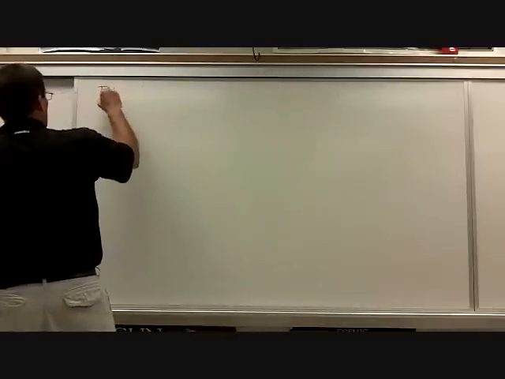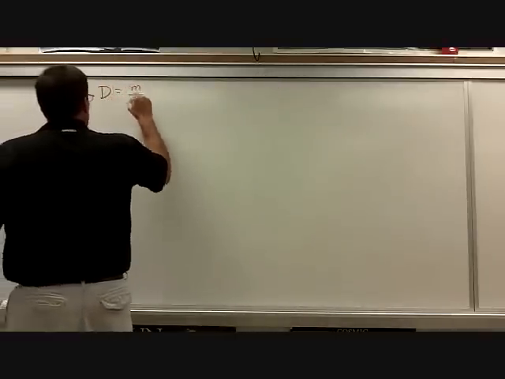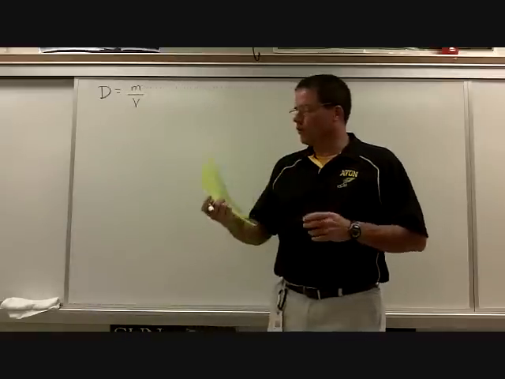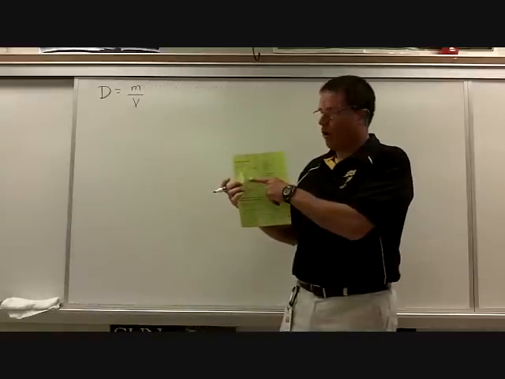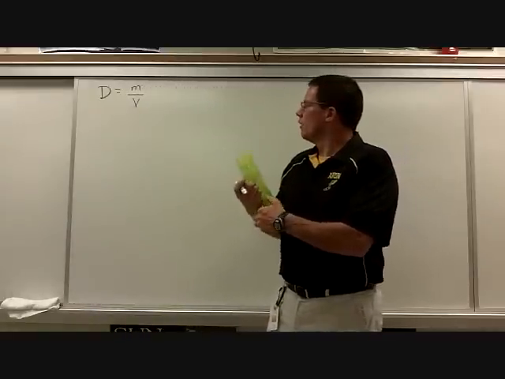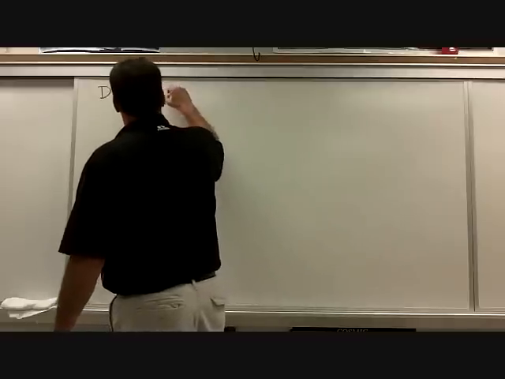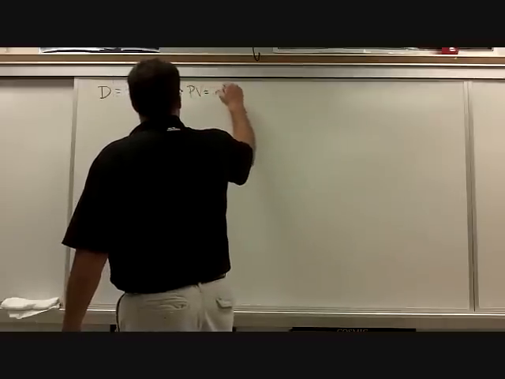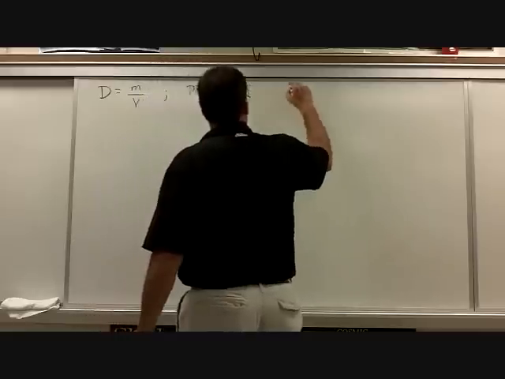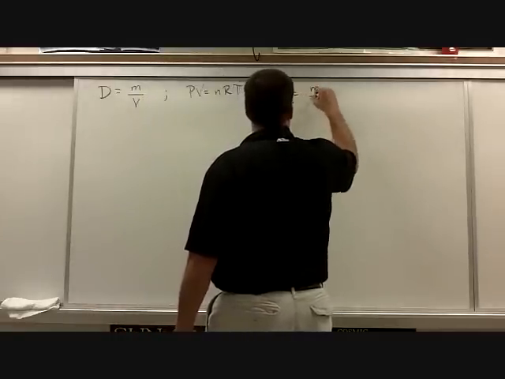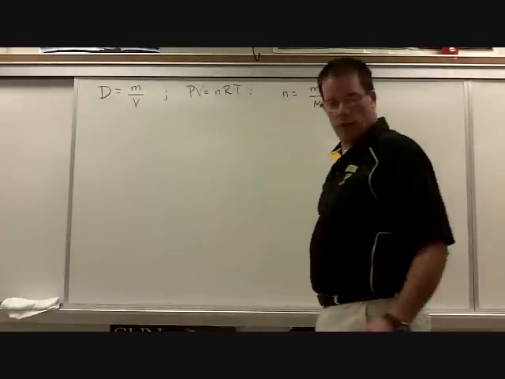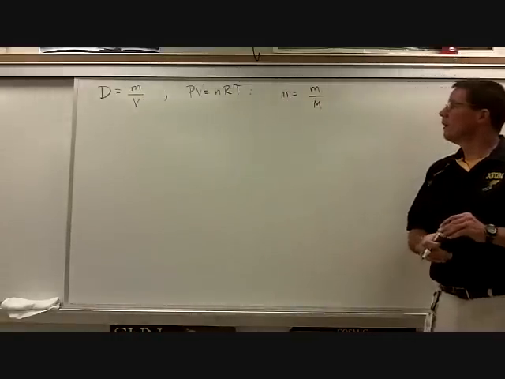The first one, since it gave us a density, is the density, which is about halfway down. So we have the density equation. We have the PV equals nRT equation, and then we have this equation.